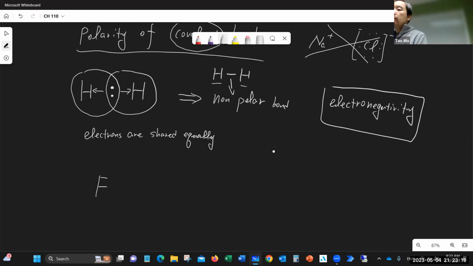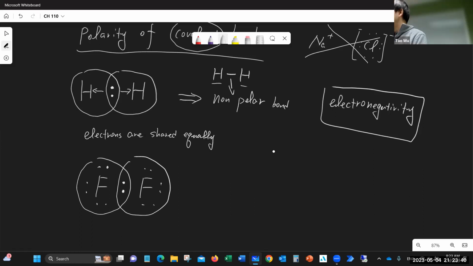And if you're talking about fluorine, and we have another fluorine doing the same thing, although this fluorine has a lot of dots around it, they're still just sharing the 2 electrons in the middle. Since those two are identical, each fluorine shares exactly the same for the shared electrons.